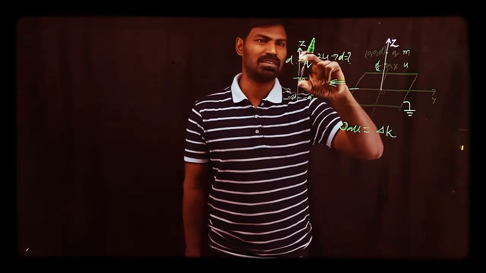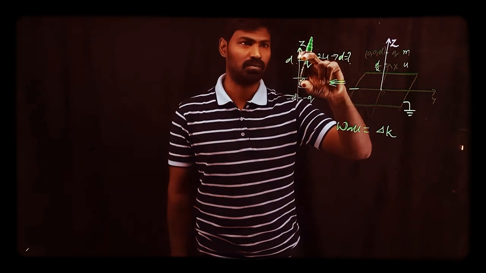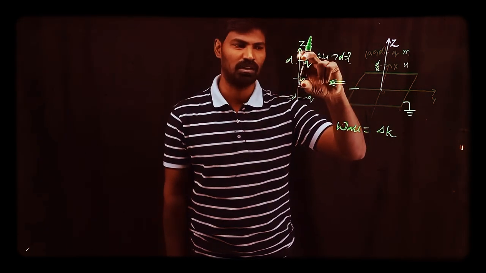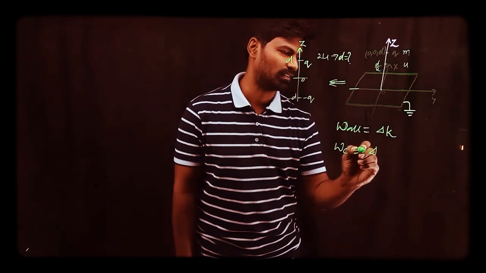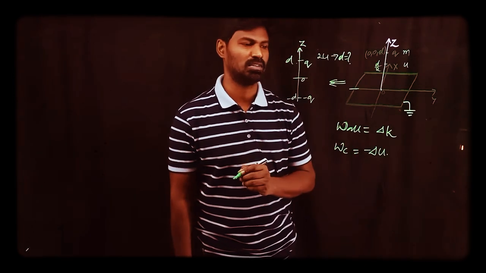Now work done by all the forces is equal to change in kinetic energy. Here the only force in the picture is the electrostatic force, which is conservative in nature. Work done by a conservative force can be represented as negative of change in potential energy.